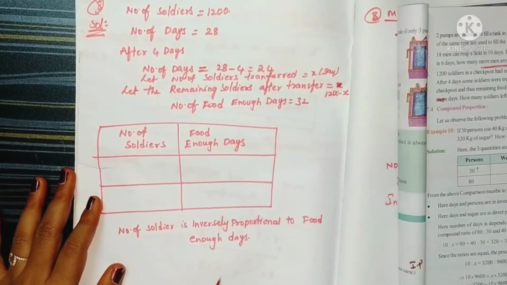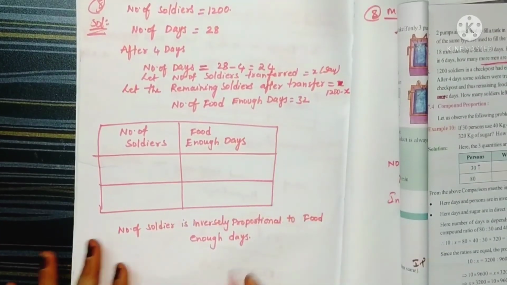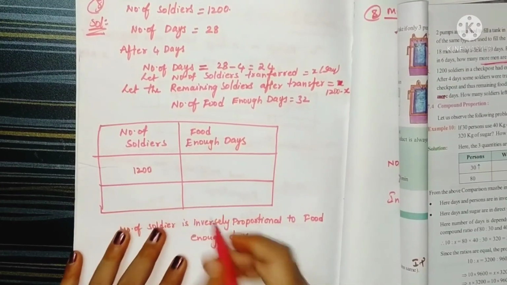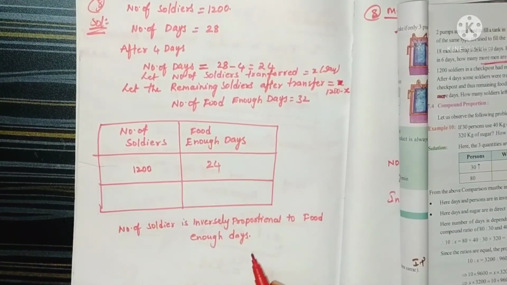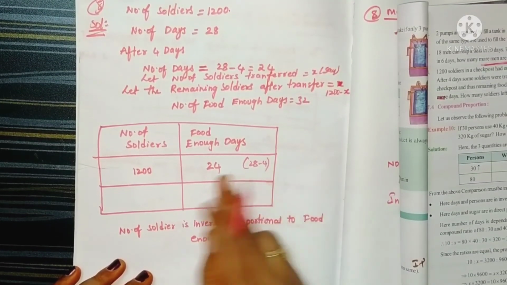Okay, and the number of days the food lasts for them is 32. First in the beginning, 1200 soldiers, food for 24 days, after 4 days we are taking. So 24 means here 28 minus 4.